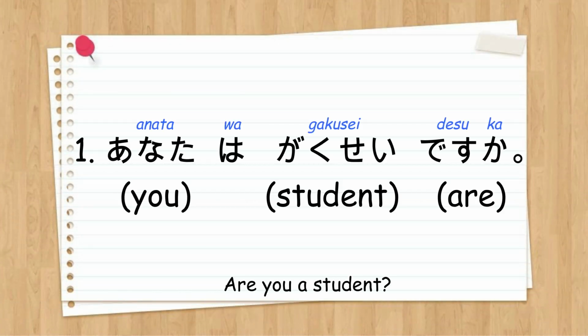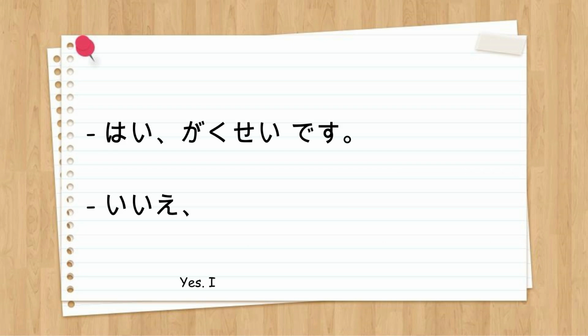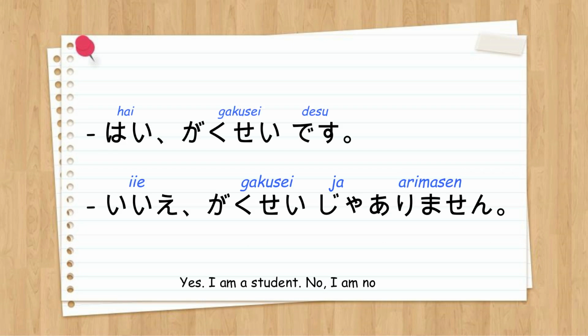For example, anata wa gakusei desu ka? The answer for this will either be yes or no. Here's how you can answer it. For affirmation, you can say, hai, gakusei desu. For a negative answer, you can say, iie, gakusei ja arimasen.